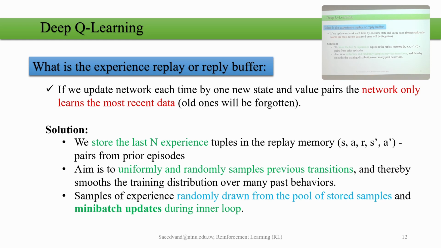On the other hand, the aim is to uniformly and randomly sample previous transitions, so the training procedure will be smoother based on the past behaviors that we've had. If we randomly draw from the pool that we stored, we can call it mini-batches.